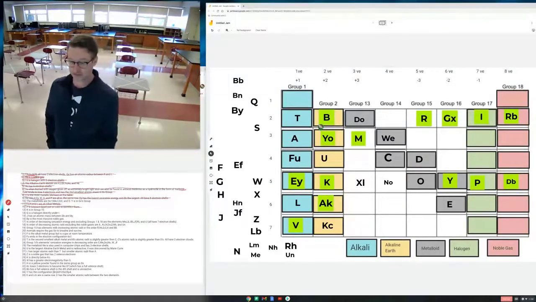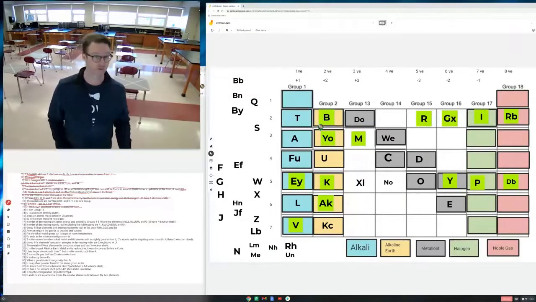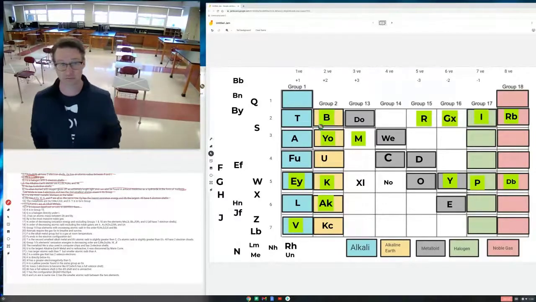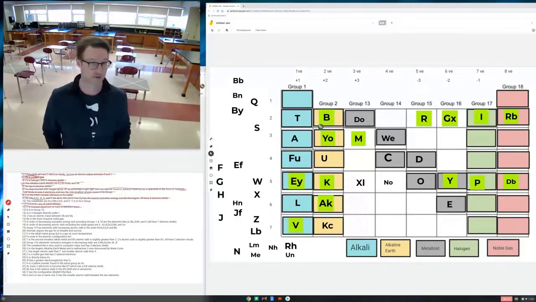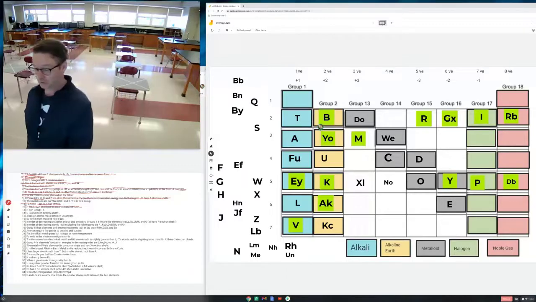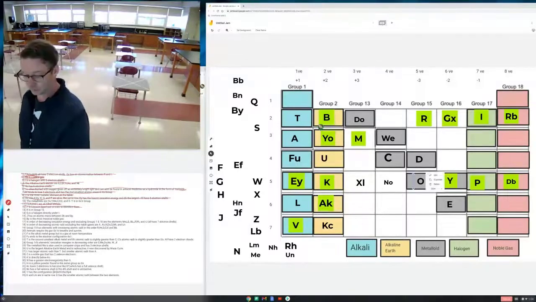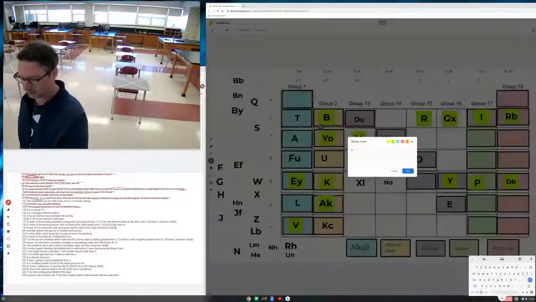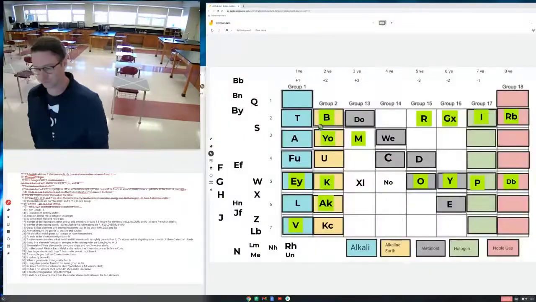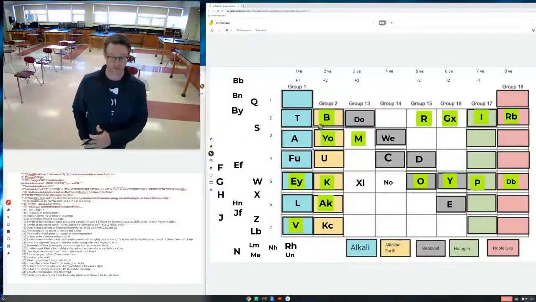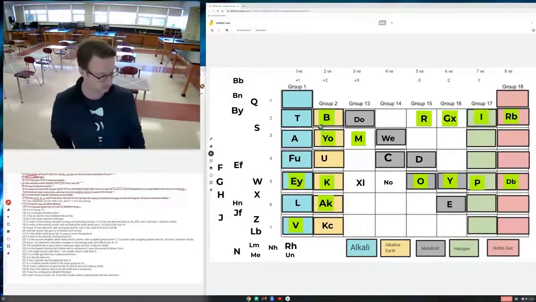So group 16, row 5 has to be there, which is also a metalloid. So those three clues combined make me absolutely sure that's where Y has to be. Which also means if O is a metalloid in the fifth row, it has to be here. Just combining those two clues from earlier, there's no other place where a metalloid in the fifth row could go. So that one is now locked in.